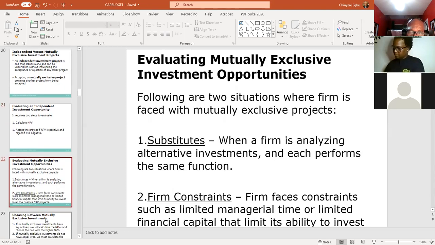And so when you have alternative investment projects and you are facing financial constraints, in the sense that you have 10 projects, some of them have negative net present values. So you reject those ones outright. So you have 6 out of the 10 projects that have positive net present values. And so which ones do you choose?